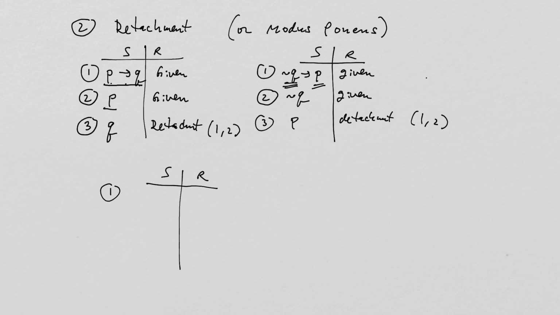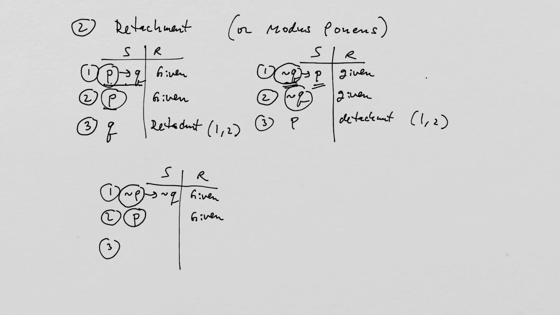Well, this last one is you're given a conditional, and you're told something about one of the pieces. Now, this looks a little bit like a detachment, but it's not, because in detachment the P and the P match, but in this one, the not P and the P don't match.